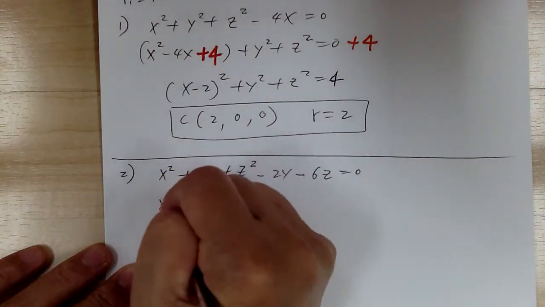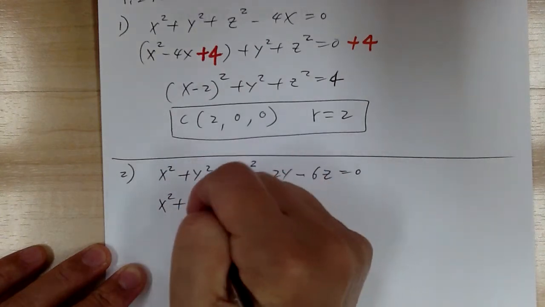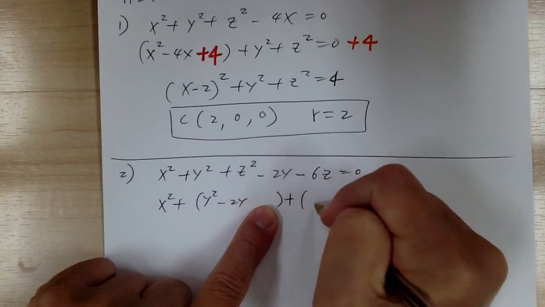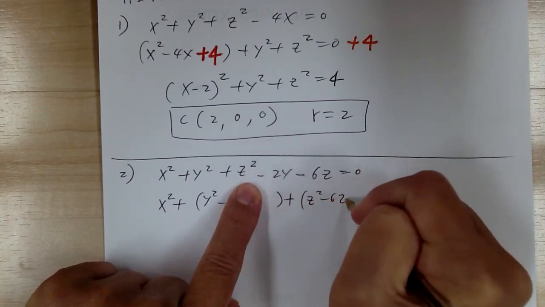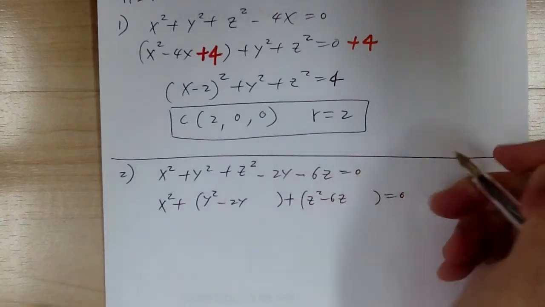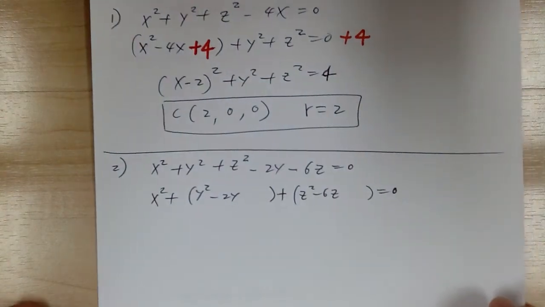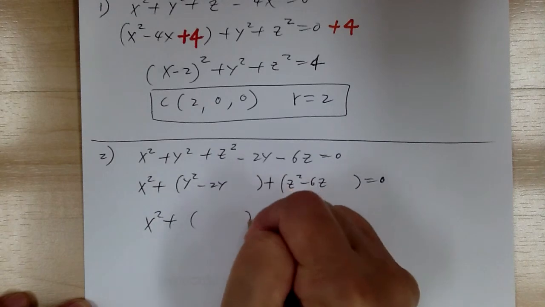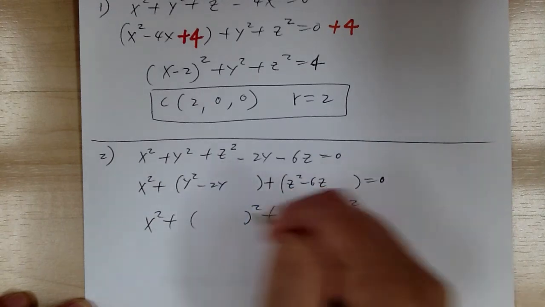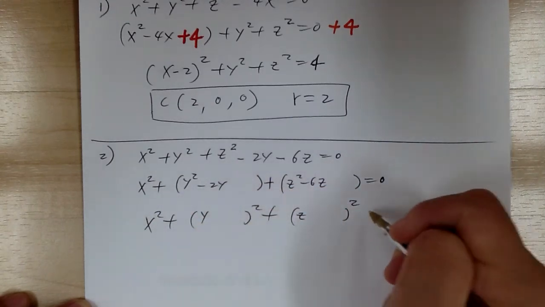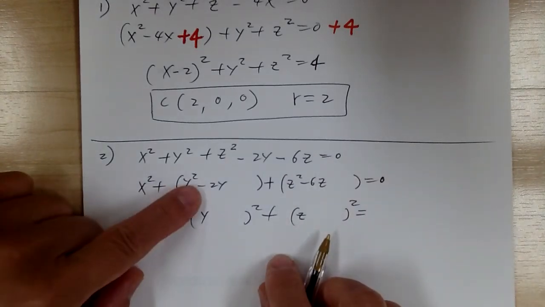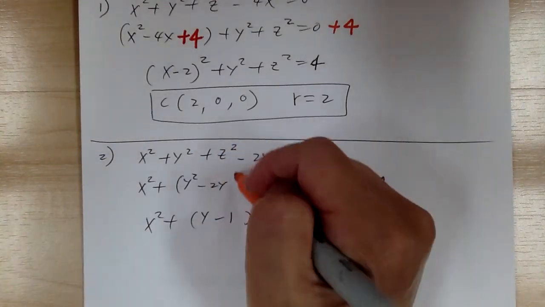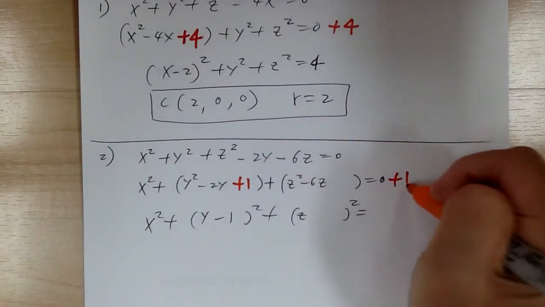You have x squared plus, group the y's together, leave a space, then z squared minus 6z equal to 0. From here, you're going to get your perfect squares. This one you need to get minus 1, and when you square that, you're going to get plus 1. So you need to add 1 on this side.